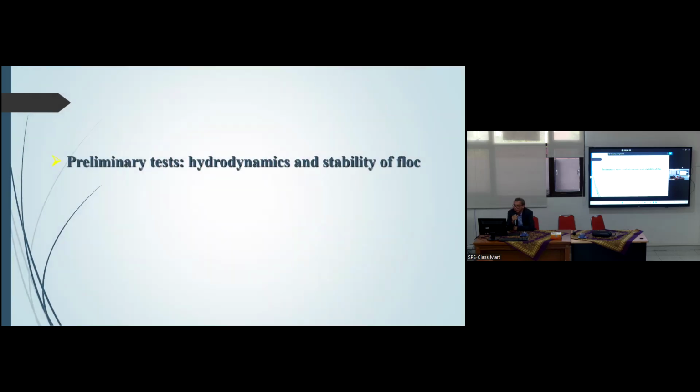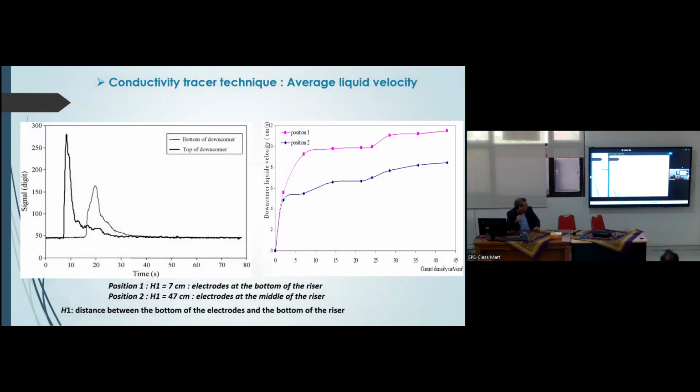The preliminary test of hydrodynamics and stability of floc. We have to determine the stability of floc. Okay? So this is the measurement by the tracer technique. We have one peak for one probe, a second peak, and we can measure the velocity of the liquid, because we have time and we have a distance over time, we have the velocity.